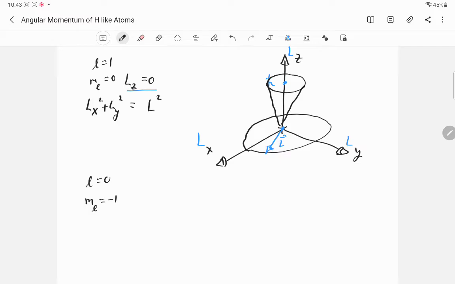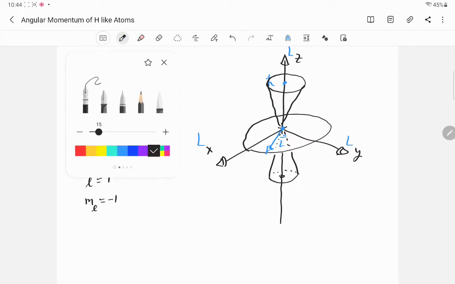So this is L equals 1, m sub L equal to -1. So that must indicate another cone down below along the negative L sub z axis and its intersection with that axis. So let me draw the axis down below. So there's the rest of the cone, or the back behind the cone. And then this location, let me draw it in blue again.